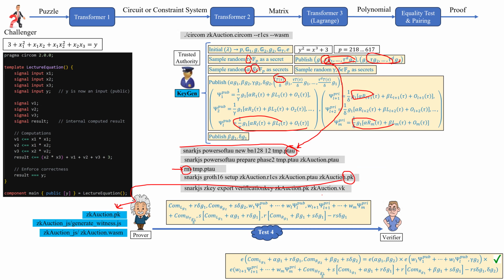The next line would generate the verification key. And what is the verification key? That is the information that the verifier needs to run the pairing, right? So in the pairing, we have some parts that are not generated by the prover, like this value and this value. These values are not sent by the prover. These values are generated in the key generation round.